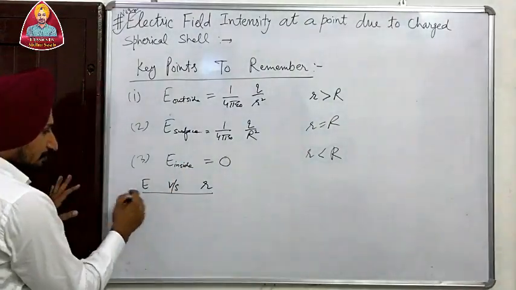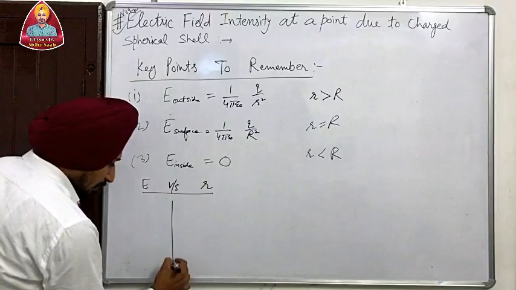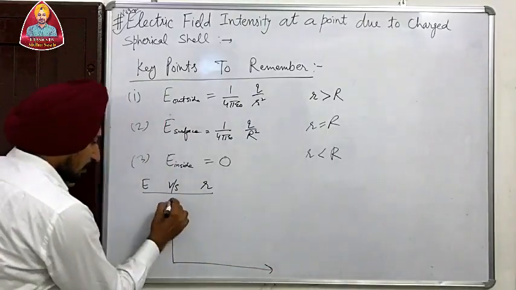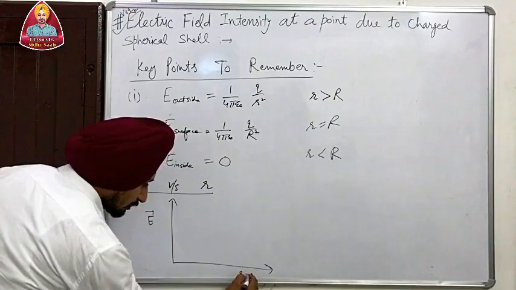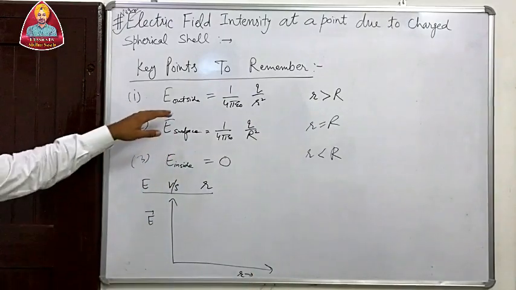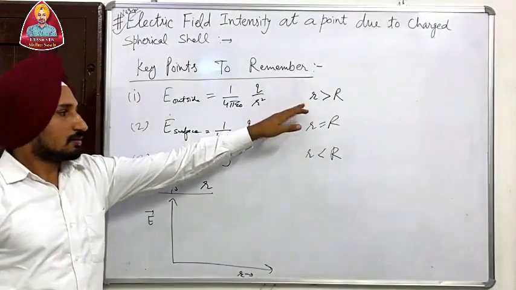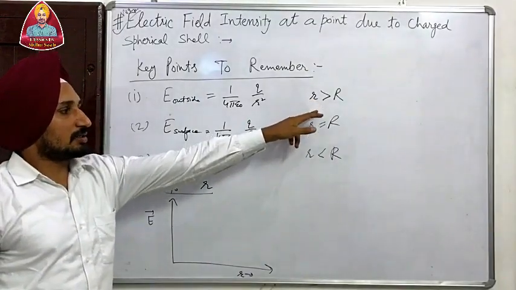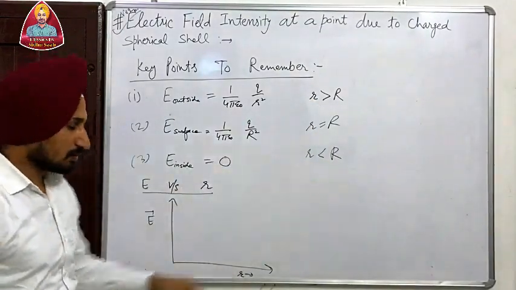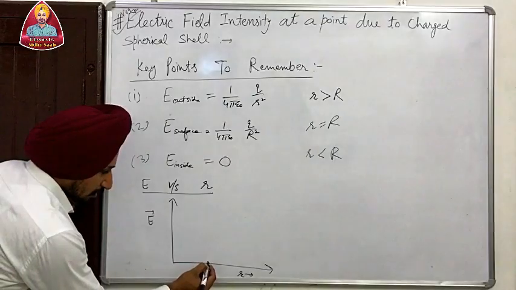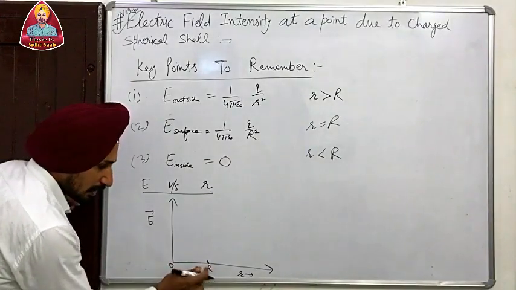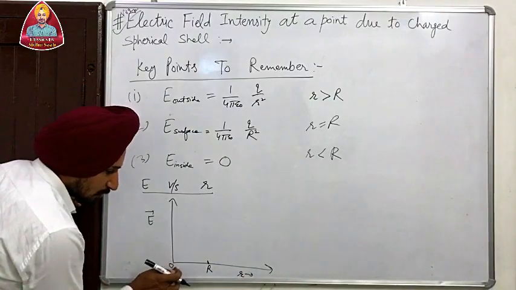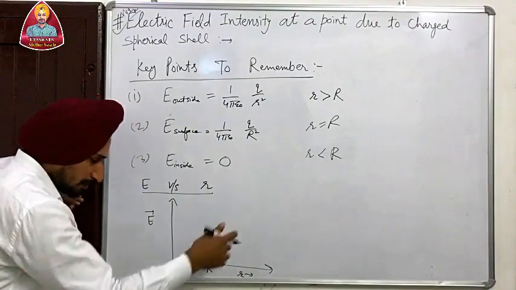So let us draw a graph between E versus r. What do we see here? Let us consider this is the origin, this is radius capital R, and small r varies from 0 to infinity.